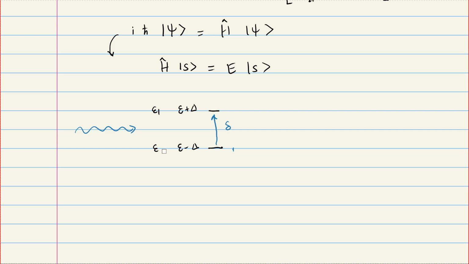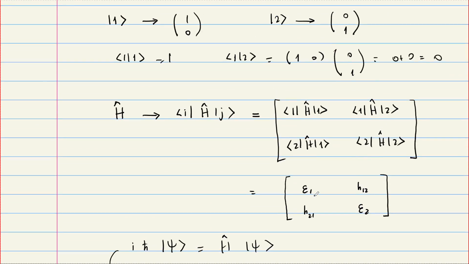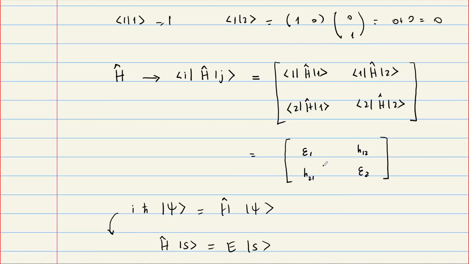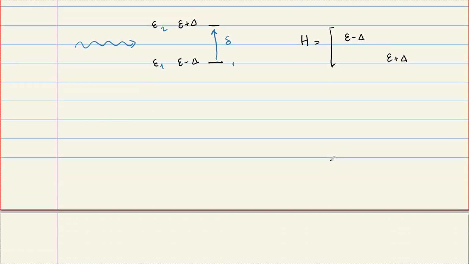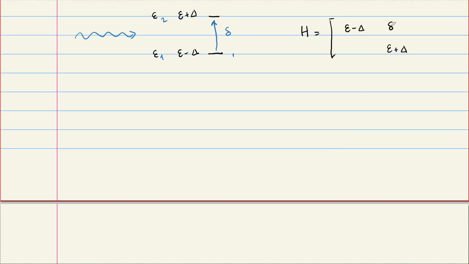With this new relabeling, my Hamiltonian is going to be H, with epsilon minus delta, epsilon plus delta on the diagonal. This is exactly the same thing, I just redefined it with some new labels. And this off-diagonal entry is delta, and this is delta.